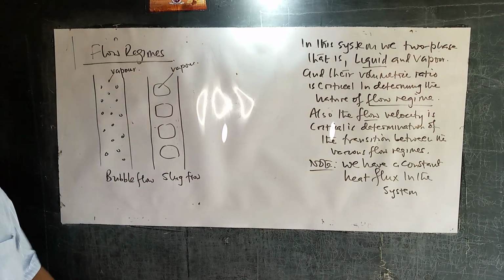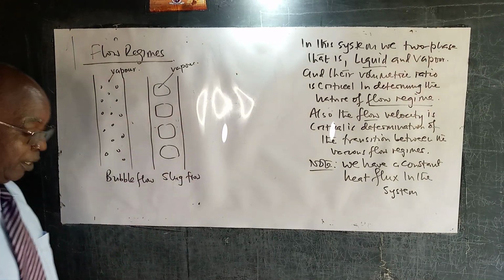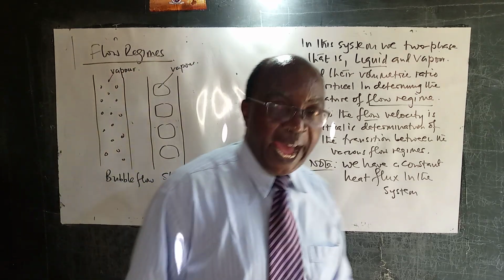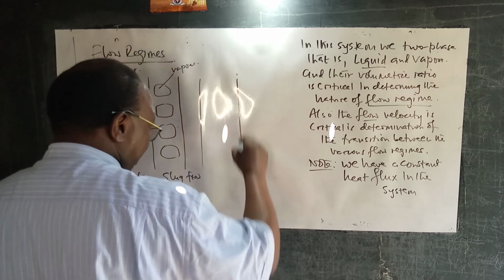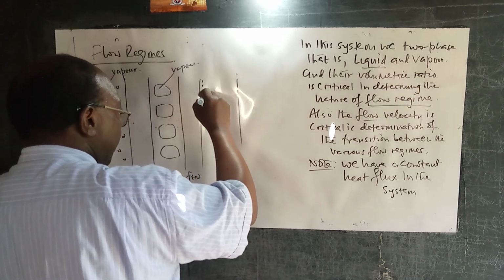The other flow regime will be the so-called annular flow. And in the annular flow, we have a thin film of liquid at the walls.